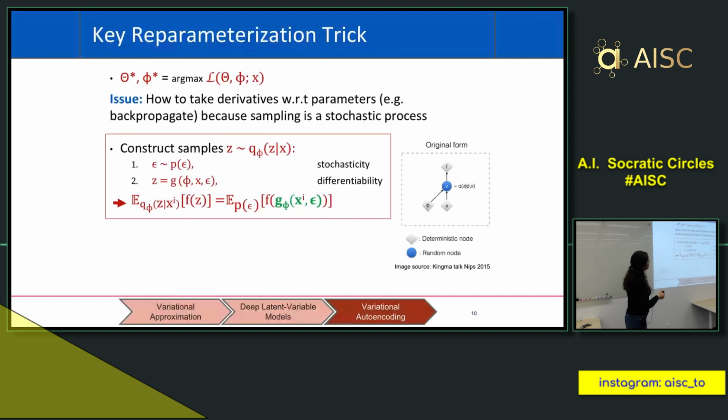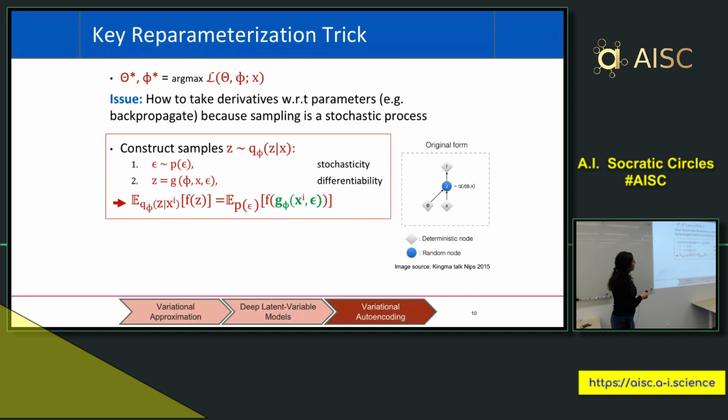So what I can do is define Z as a deterministic function of X and phi, and then add another input. I call it epsilon, which is white noise. This way, I can still keep the stochasticity, but I have a deterministic function of the inputs, and I can do backpropagation.